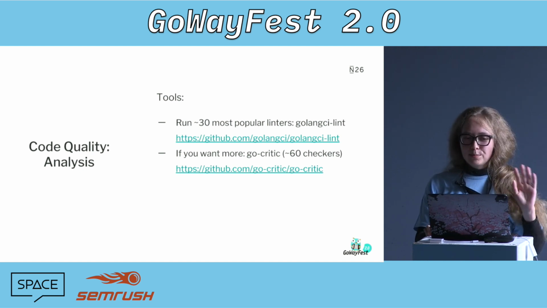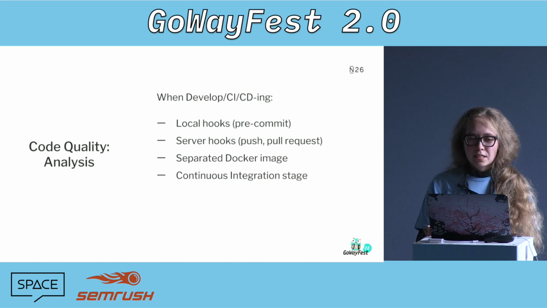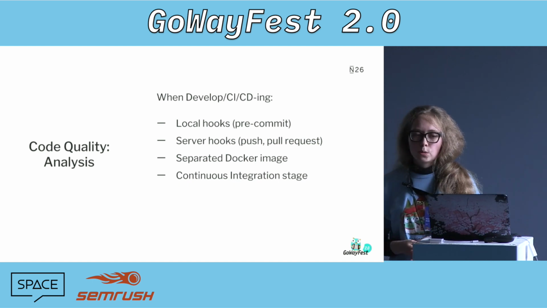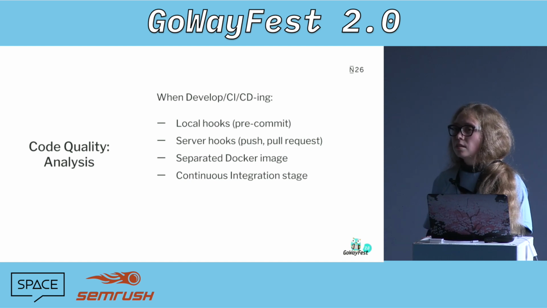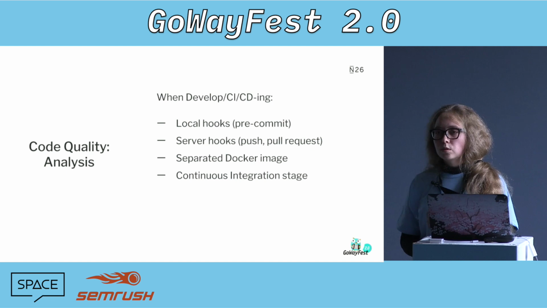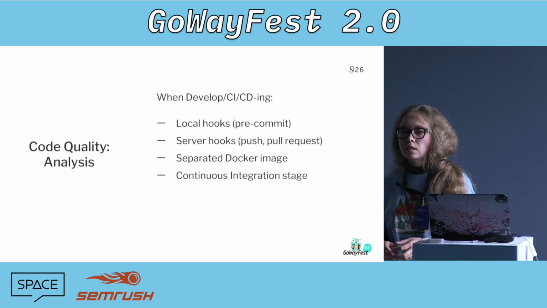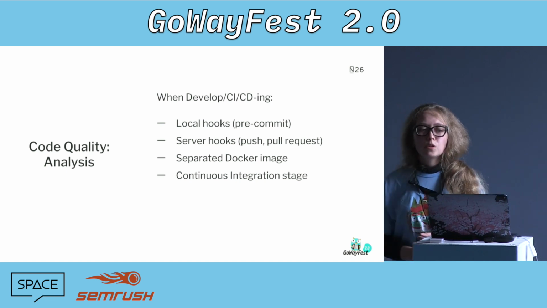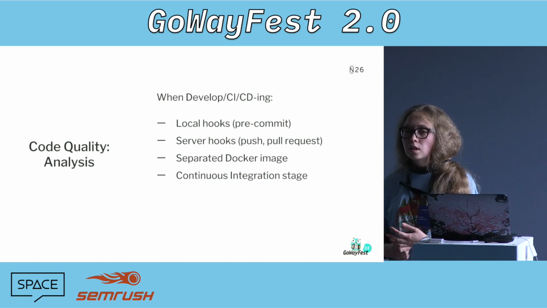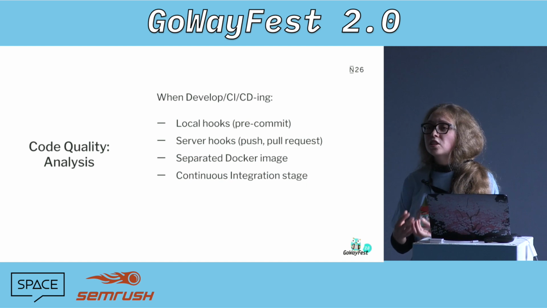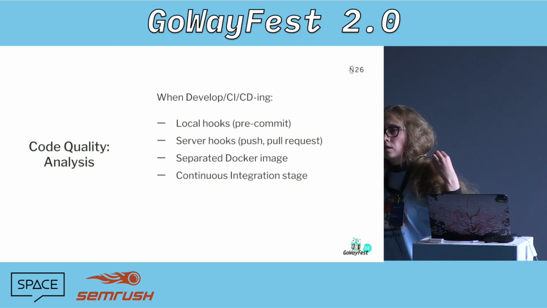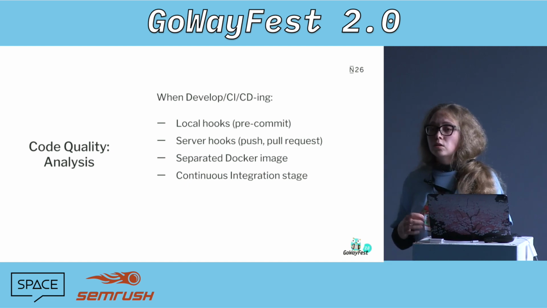OK, so we can check code against different things. The question is when we want to check our code. I would say on every stage, on every step when you start to develop it. First of all, you want to check it on your local machine. It's important to check your code before you commit and push, because it's a way you can help your colleagues understand that your code is good enough.